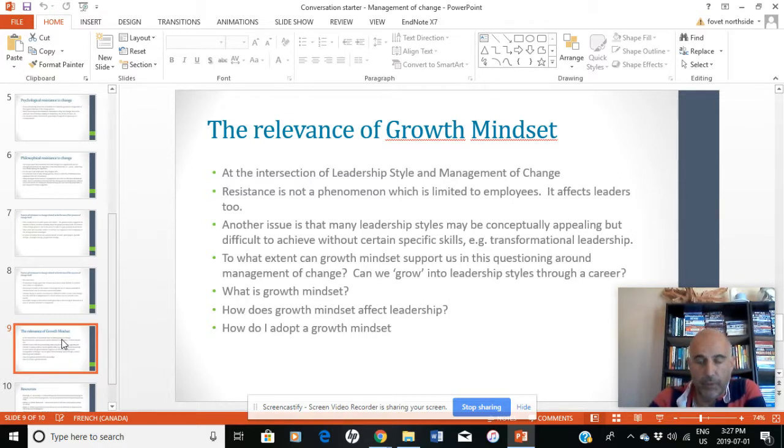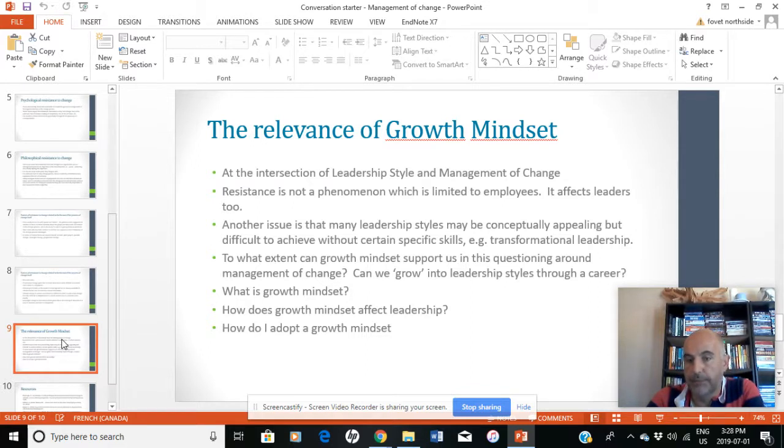I may be an introvert. I don't feel particularly inspirational. I don't necessarily have the communication capacities to speak to a whole organization in that sort of format. So people may be attracted to a certain leadership style, such as transformational, but feel they don't have the skills to really make it part of the daily reality.